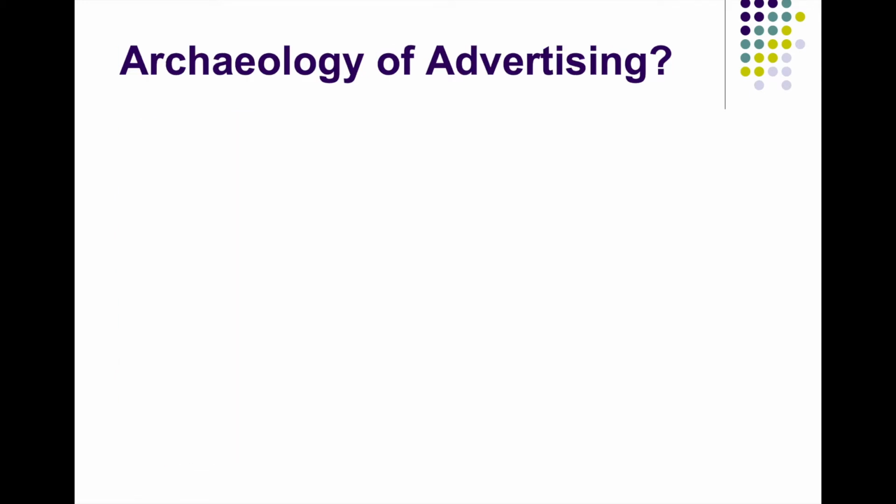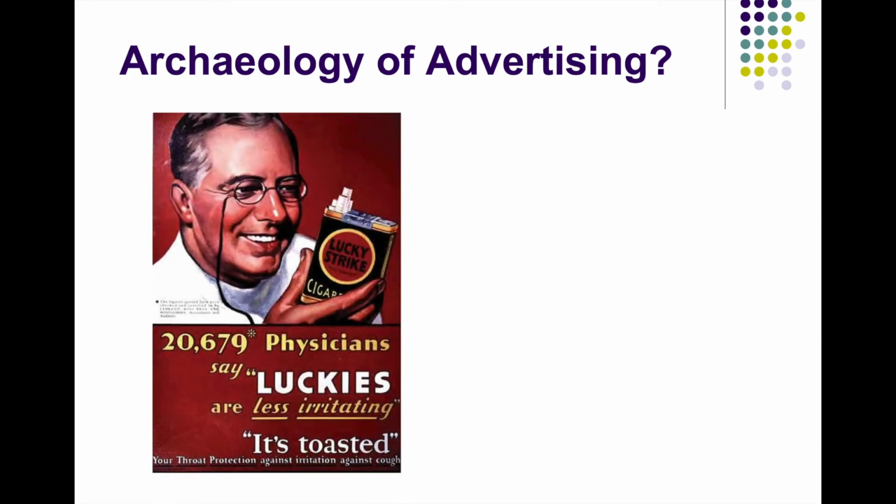You can do this too with advertising. So if you take, let's say, a historical advertisement, here's an old advertisement for Lucky Strike cigarettes, right? You see in the ad, 20,679 physicians say Luckies are less irritating. It's toasted. But we also have the image of somebody who's apparently a doctor. He's in a white coat. He's holding up the cigarettes, sort of implicitly endorsing the cigarettes.